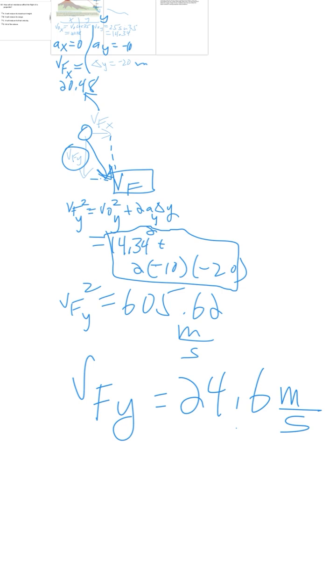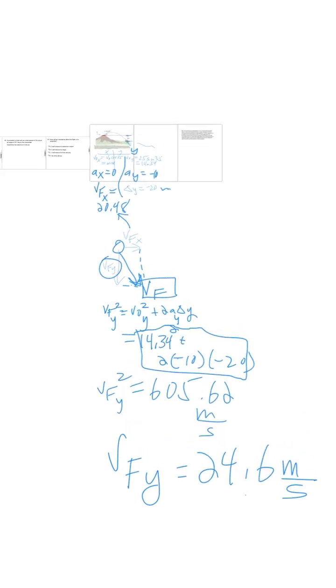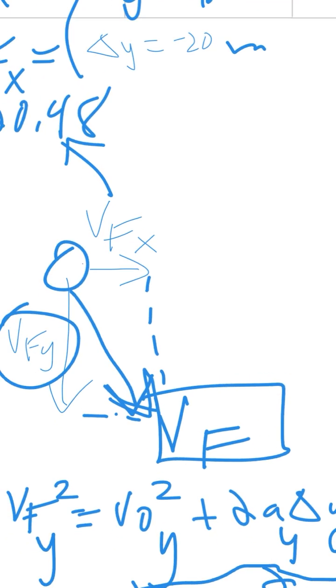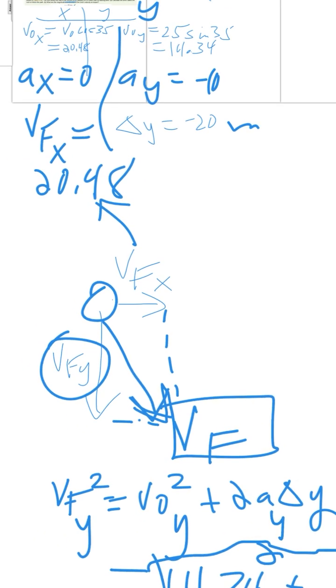Okay, so now that I have VFY and VFX, to find VF right here, I just take a squared plus b squared equals c squared, Pythagorean theorem.